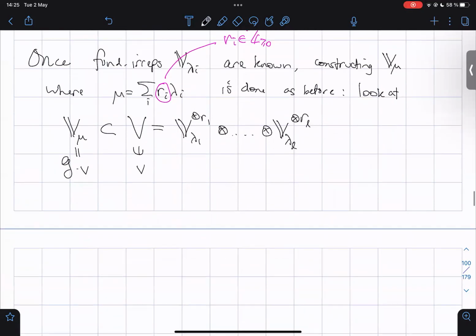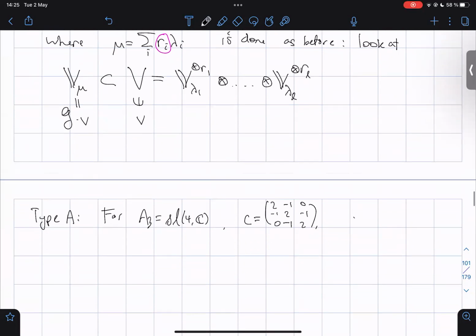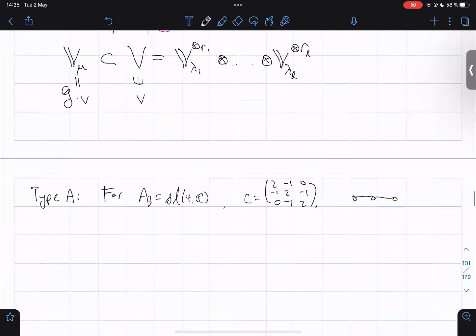I just want to give you a survey of what these look like, at least for the classical ones. For A3, which is SL4, the Cartan matrix looks like that and the Dynkin diagram looks like that.